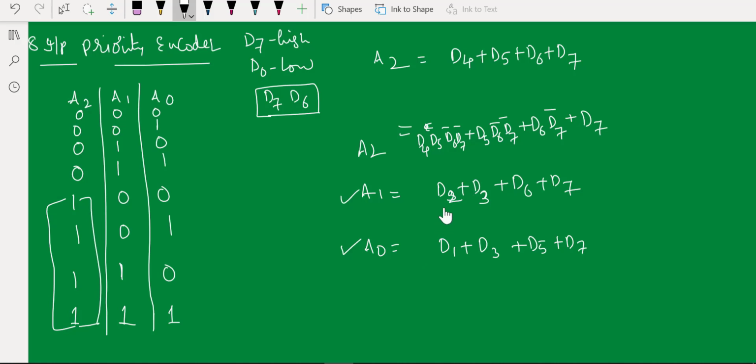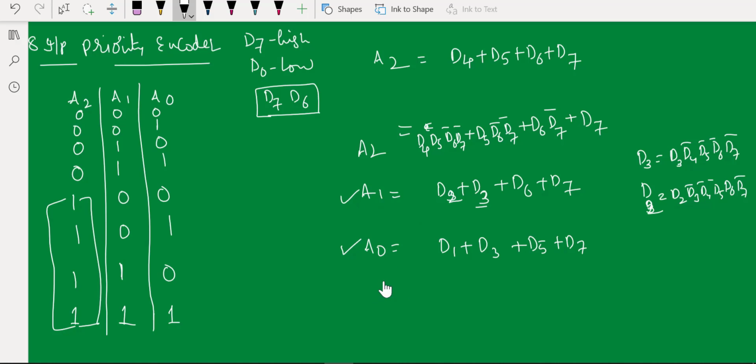If we take D3, D3 is nothing but D3 into D4 bar, D5 bar, D6 bar and D7 bar. Similarly, D2 is nothing but D2 into D3 bar, D4 bar, D5 bar, D6 bar and D7 bar. So on, you are supposed to substitute your D bits in both A1 and A0, and you are going to get the expressions for A1 and A0 also.